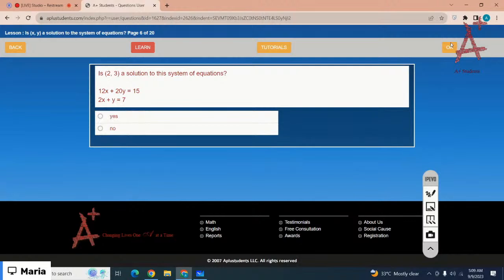Okay, is (2, 3) a solution of the system of equations? Which is the correct option?